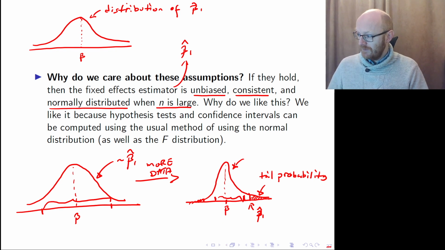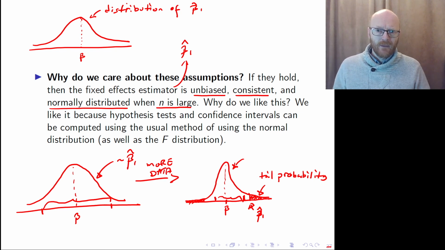Then this would be the p-value, the two-sided p-value of your test. Okay. So this is why it's important that these assumptions hold, that we can actually trust our estimate, and we can perform a hypothesis test with our estimate of the beta.